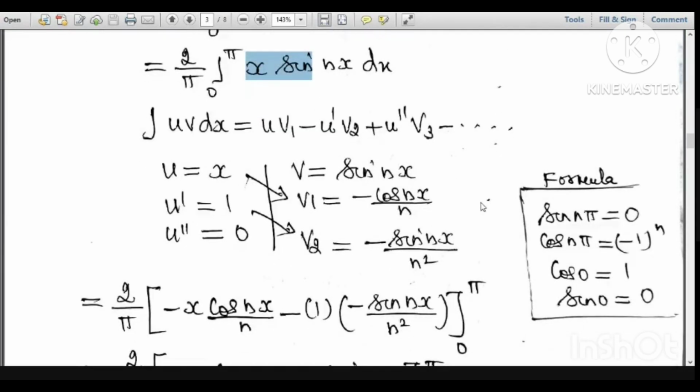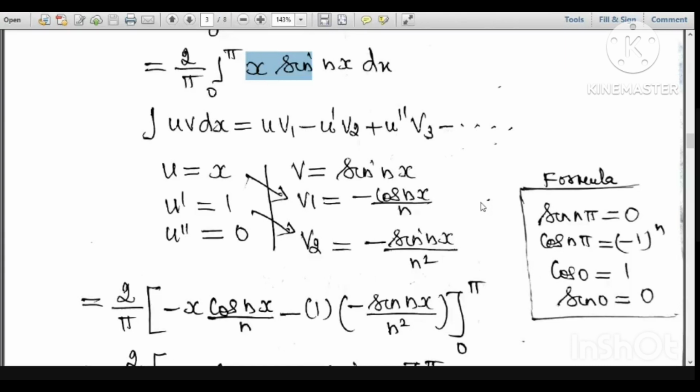Bernoulli's formula: the integral uv dx is equal to u v1 minus u dash v2 plus u double dash v3 minus u triple dash v4 plus etc. What is u here?